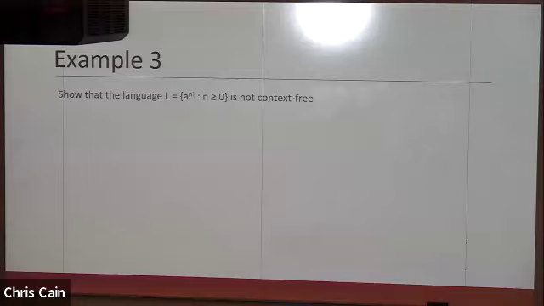How about a^(n!) being not context-free? Any intuition for a string you want to pick?